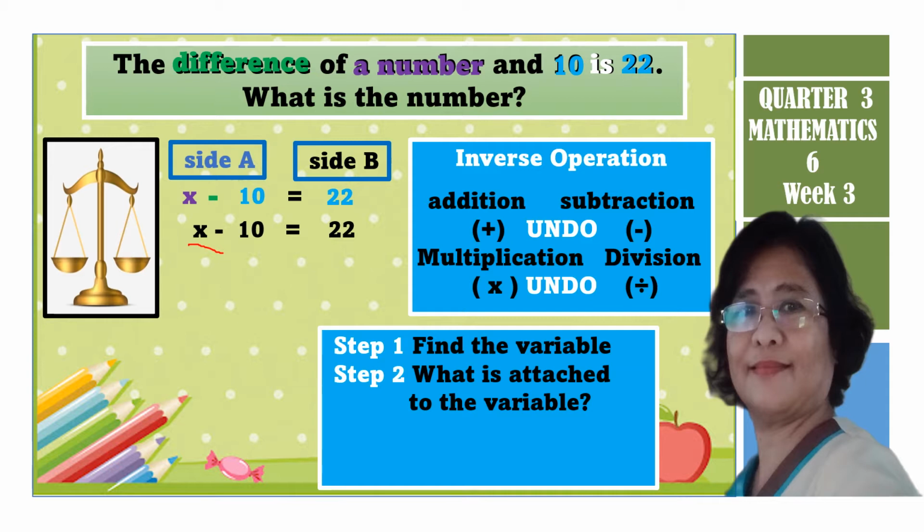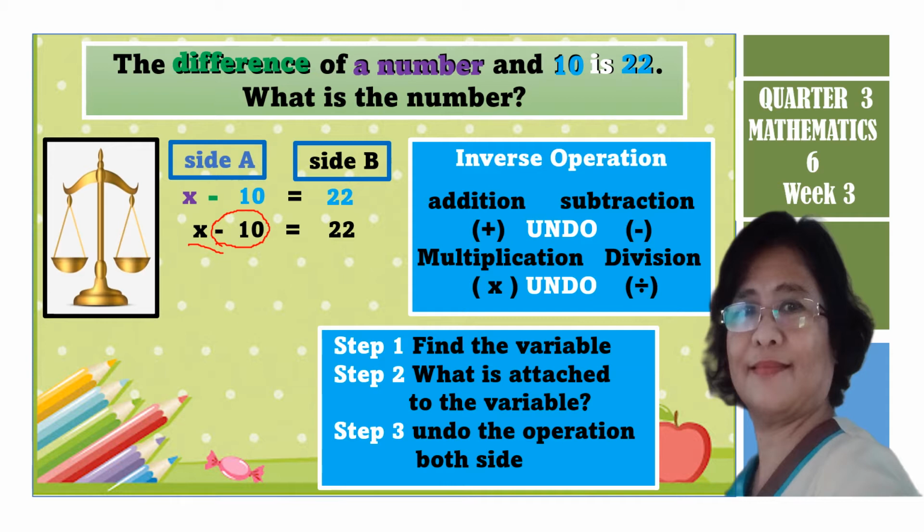Attached to the variable in this equation is minus 10. And the next step is to undo the operation or inverse on both sides. So to undo minus 10, the opposite of it or the inverse of it is plus 10.